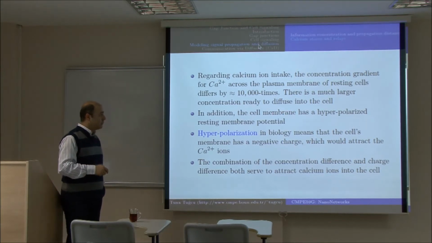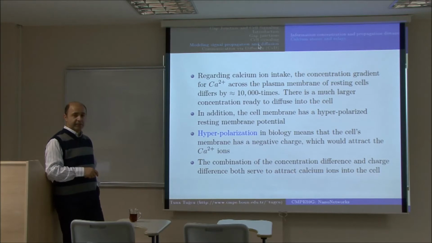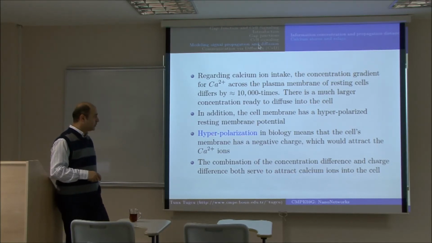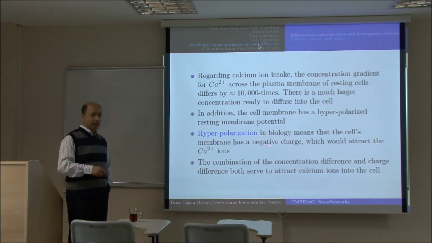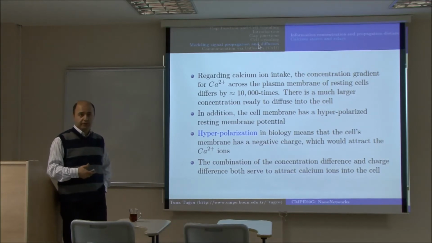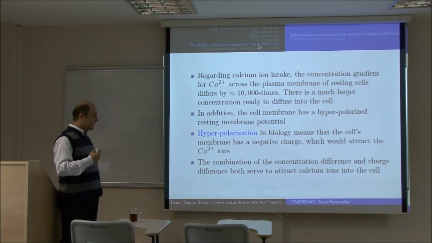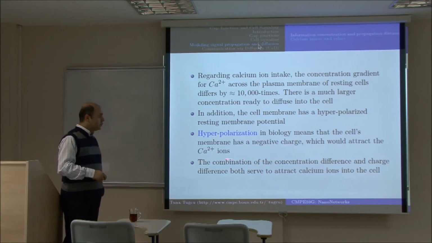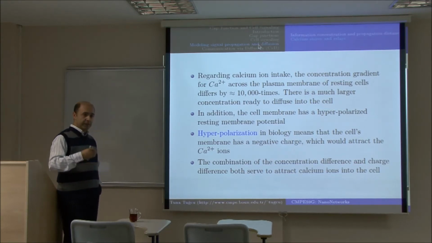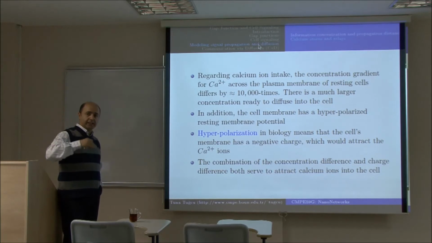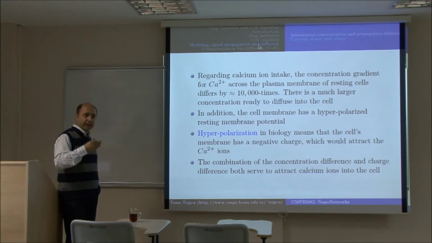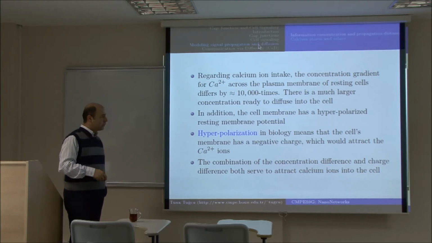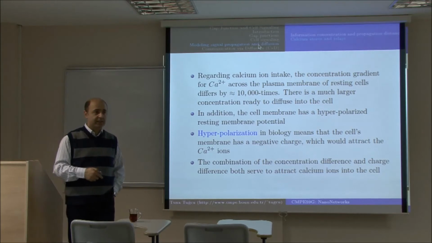In addition, the cell membrane has a hyperpolarized resting membrane potential. This means the membrane has a negative charge, but calcium ion is positively charged, so this will attract the calcium ions. The concentration difference and the charge difference both serve to attract calcium ions inside the cell.